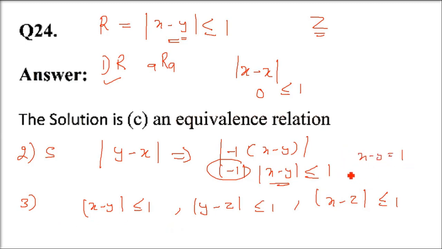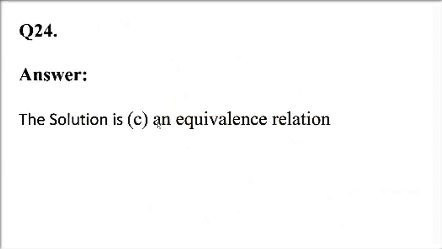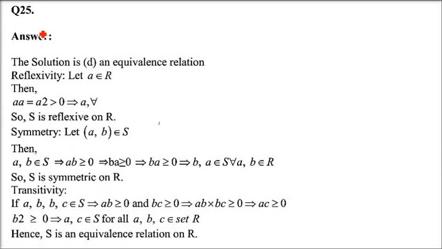This is not a solution, this is just an idea. We can very well say that this is not true, it is not transitive. But just to give you an idea, I'm equating x minus y equals 1 and y minus z equals 1, and adding them. y cancels, x minus z equals 1. Take it now as less than or equal to 1, add mod also. So by observation, it seems that it is transitive. So now this is an equivalence relation. It is transitive also, equivalence relation.